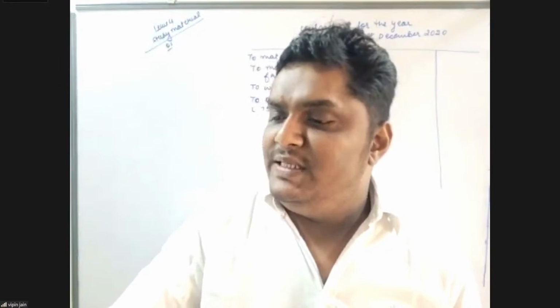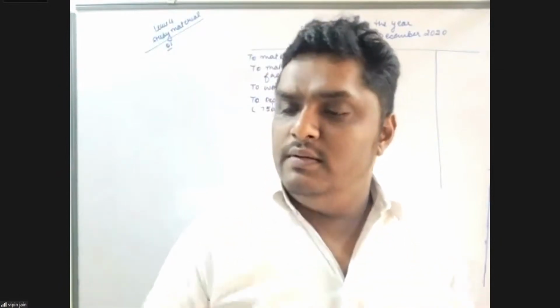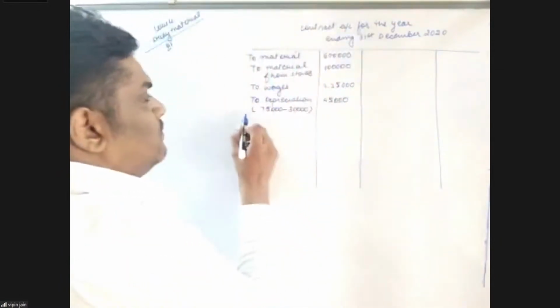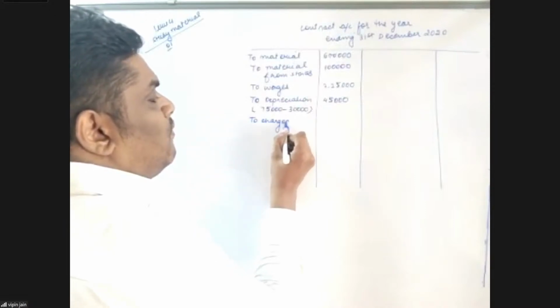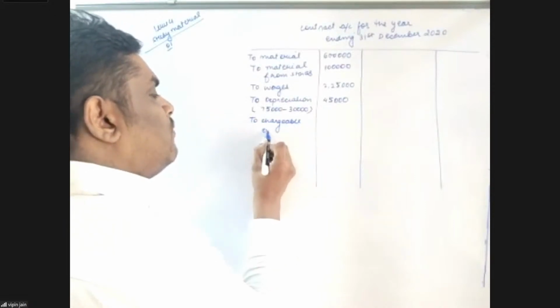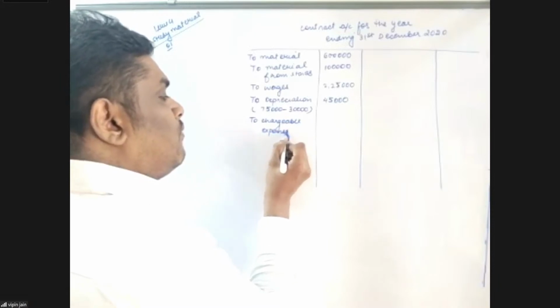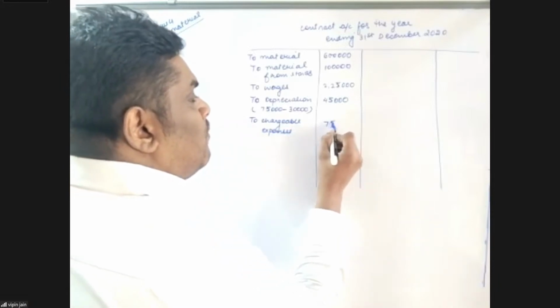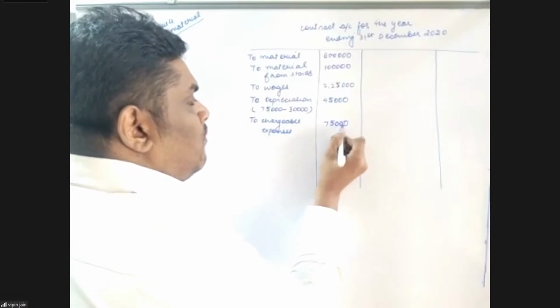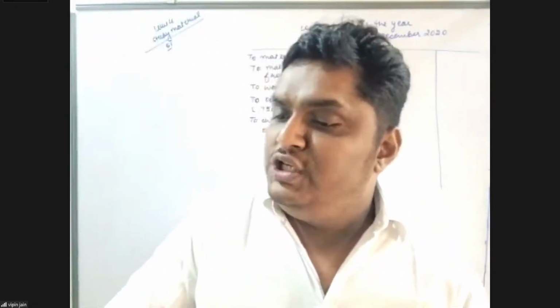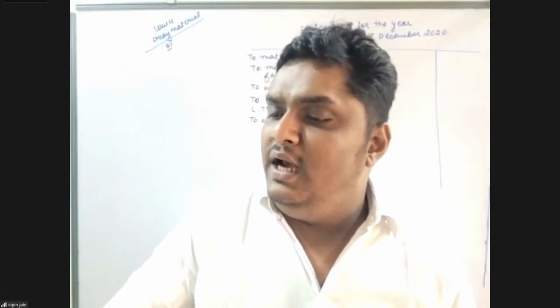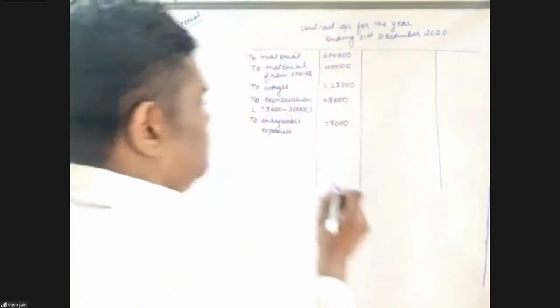Further, chargeable expenses are 75,000. Further, apportioned indirect expenses are 25,000.